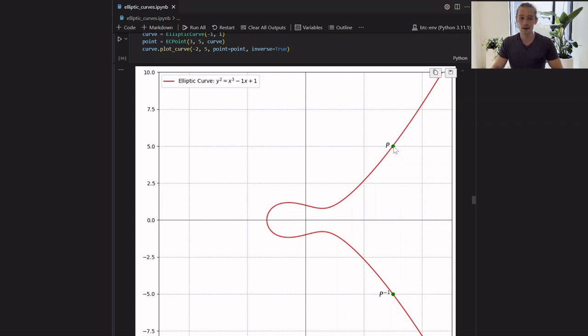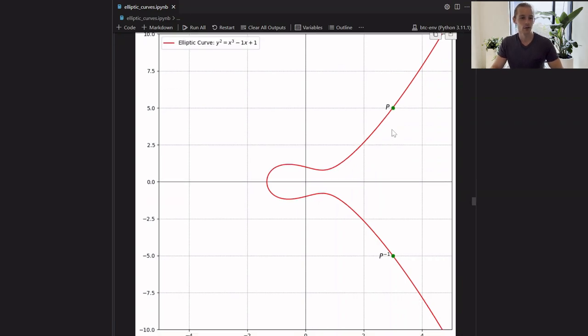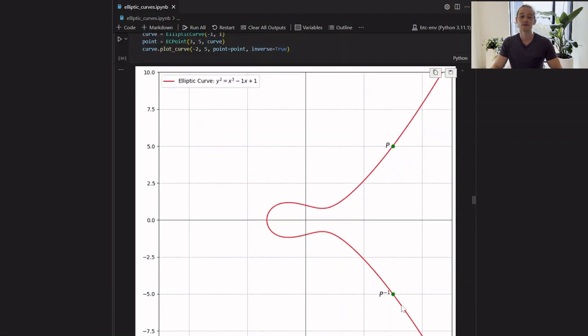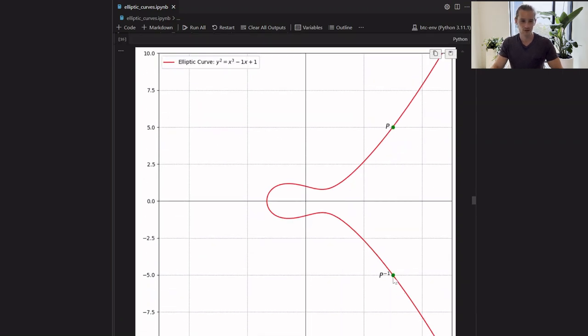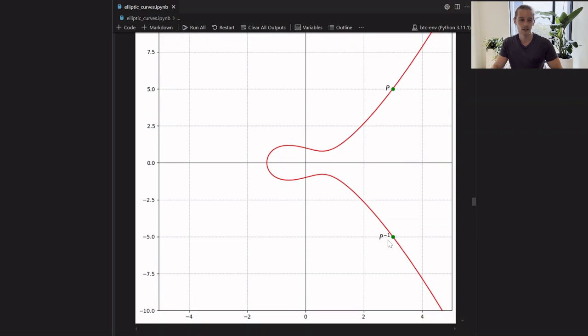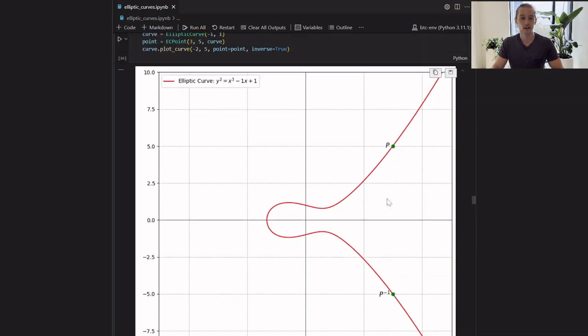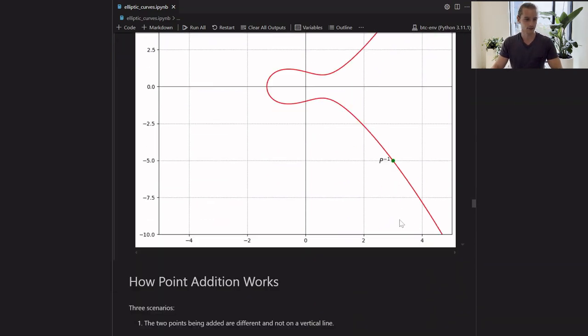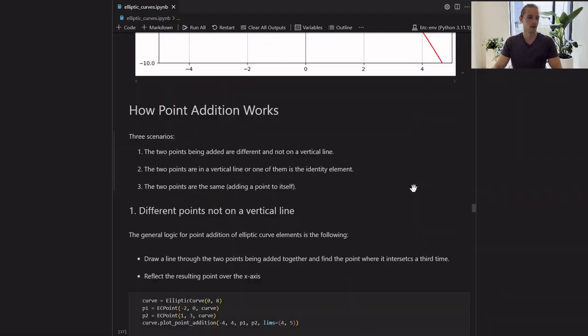So it'll have the same x-coordinate, but the negative of the y-coordinate. So for the point (3, 5), which you can see here, the inverse element is (3, -5). So the inverse of any point is always just the point reflected over the x-axis.